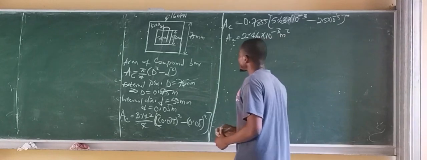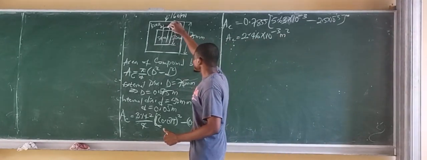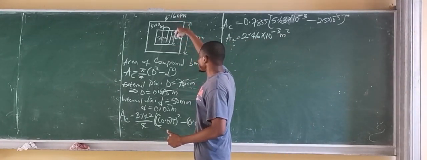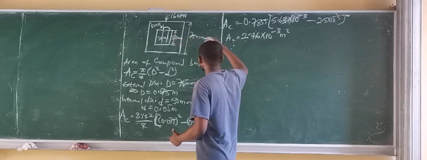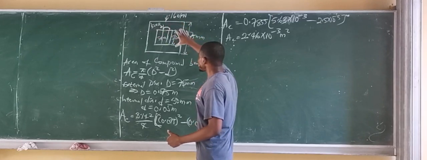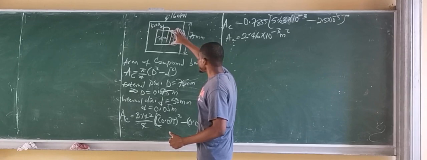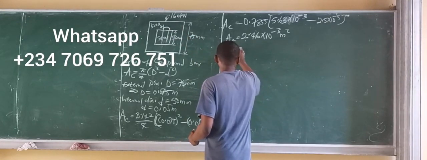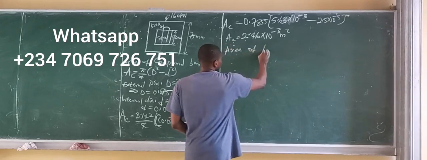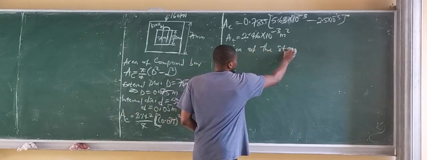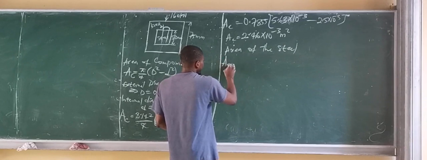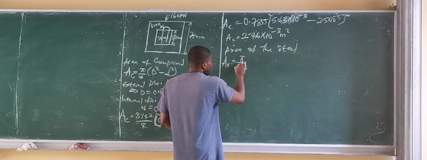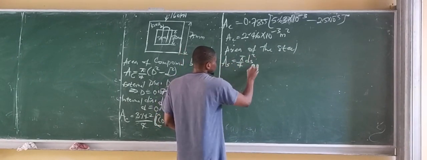Now, the steel and the brass bush are actually inside the compound bar. So let's now find the area of the steel. The steel diameter is given as 50 millimeters, so we can obtain the area of the steel. We call that A_s, and that's simply pi over 4 times the diameter of steel all squared.